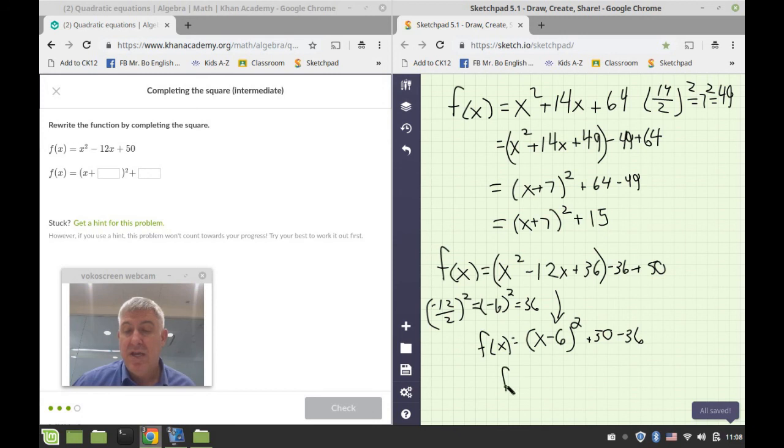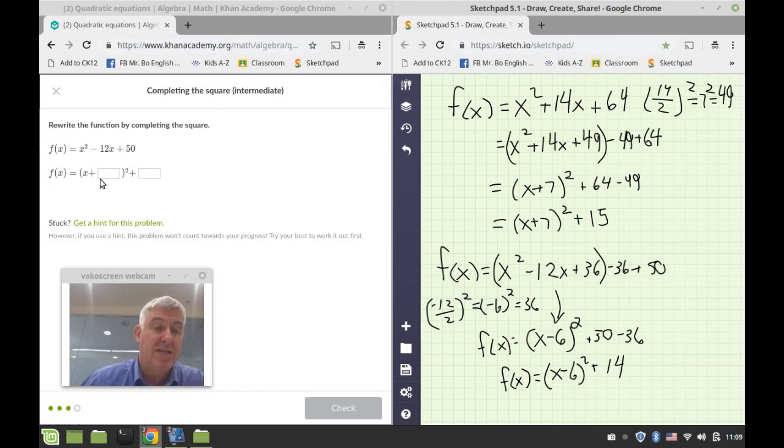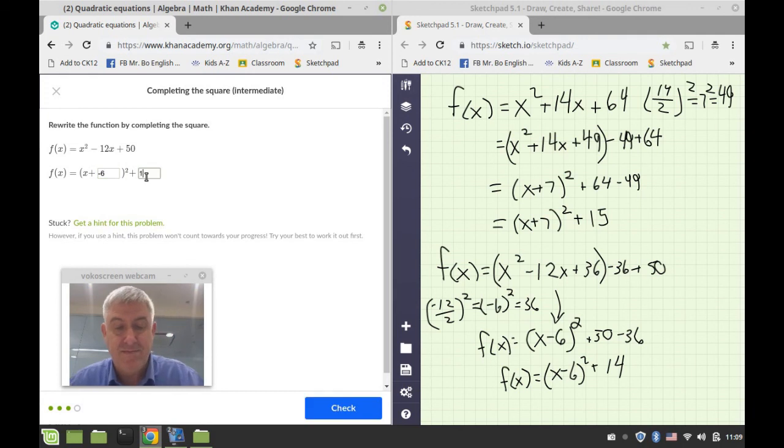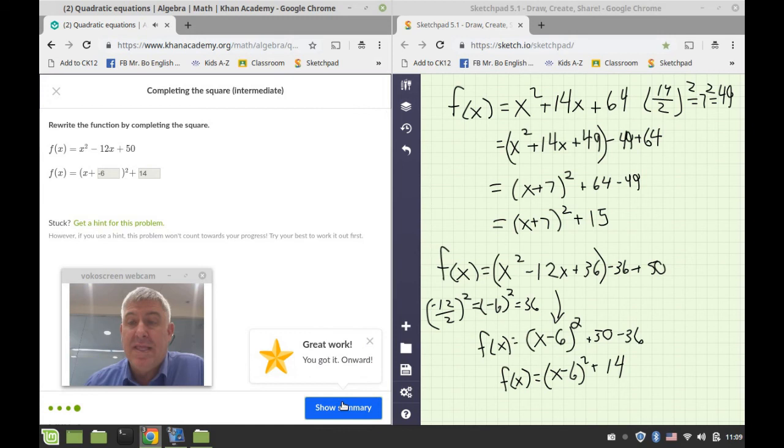So in the end, f of x is equal to x minus 6 squared plus 14. And that's what we're going to put up in here. All right, that one is not difficult.